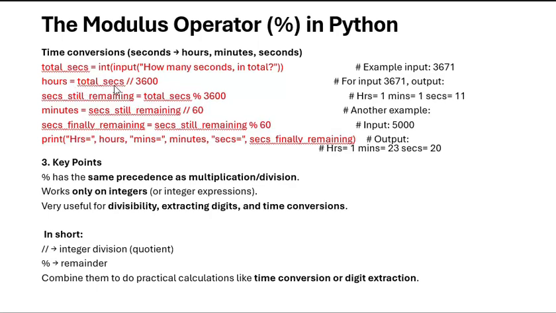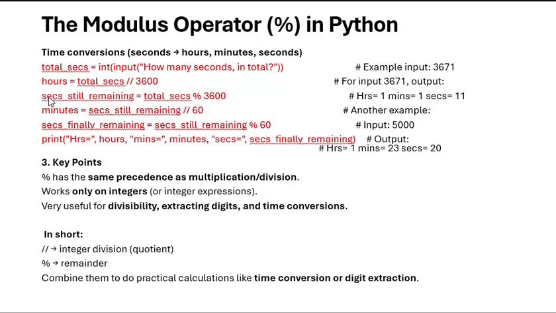hours is equal to total_seconds floor divided by 3600. Since 1 hour is equal to 3600 seconds, that's why we are dividing by 3600. Here, I have taken 3671, and you have to divide it by 3600.